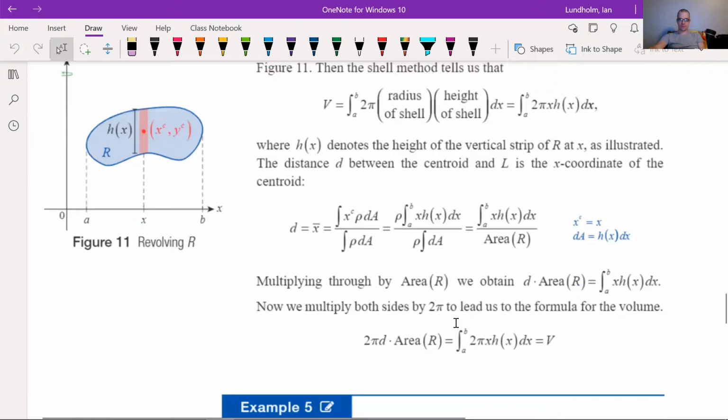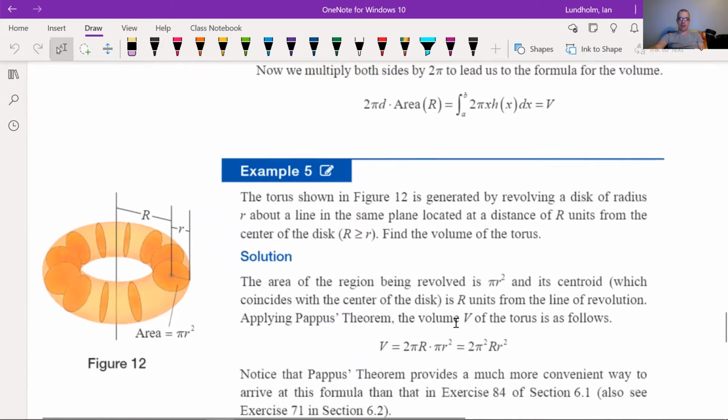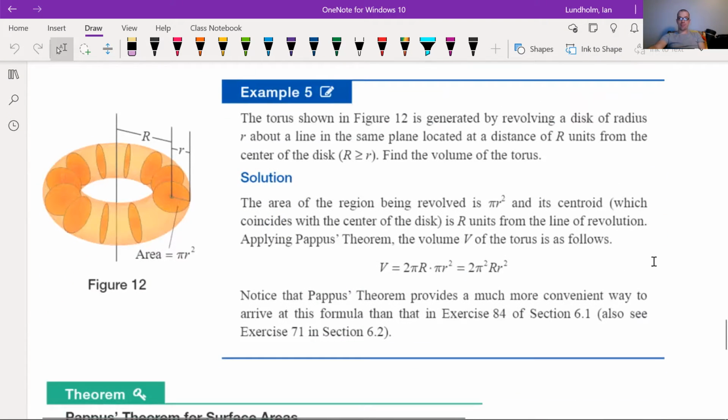Cool. So using Pappus' theorem, we could more easily find the volume of this torus, where we are just rotating a circle around some axis of rotation.